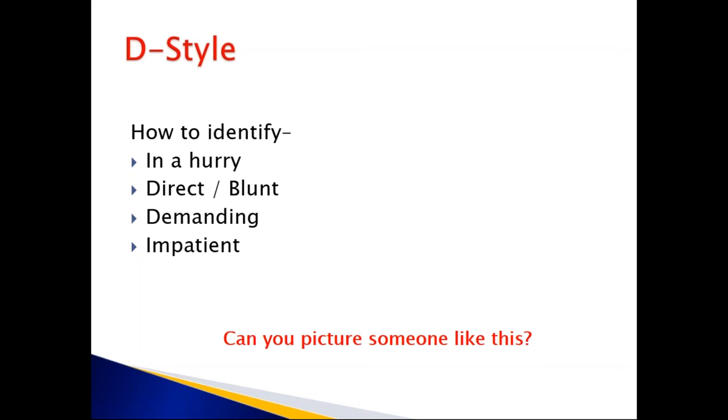Like, as an example, you could be sitting in a meeting, first time, you just sat down and they're looking at their watch because they want to get this thing going, right? So what I'd like you to do is take a second and try and picture someone you know like this. It could even be you, right? And as I said, there's not a right and wrong. It's just understanding how you like to process information and receive it. All right, so that's the D style. Oh, I'm sorry, they get easily irritated as well.